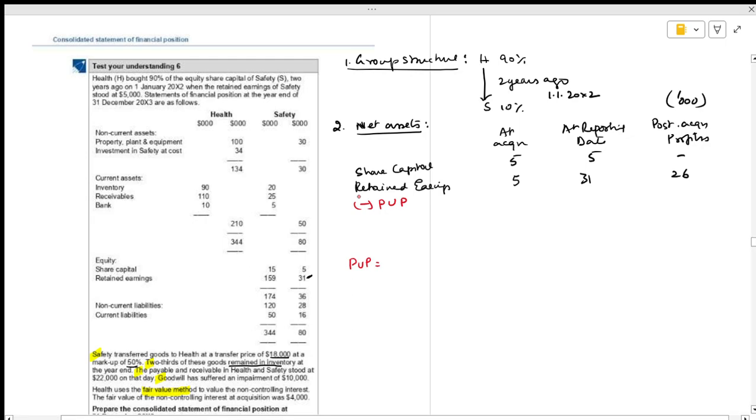How much have they sold? Their transfer price is 18.